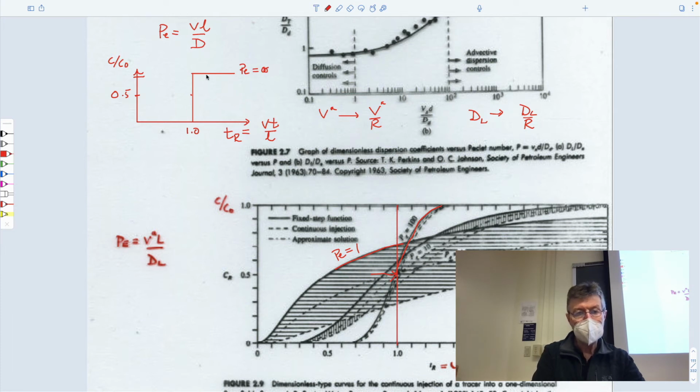This is what it looks like for 100. And this is what it looks like for 1. So we'd like to be able to use this curve, but we have these modified values we have to use.